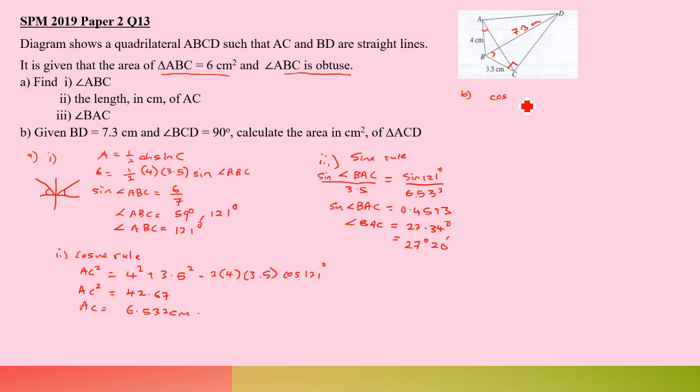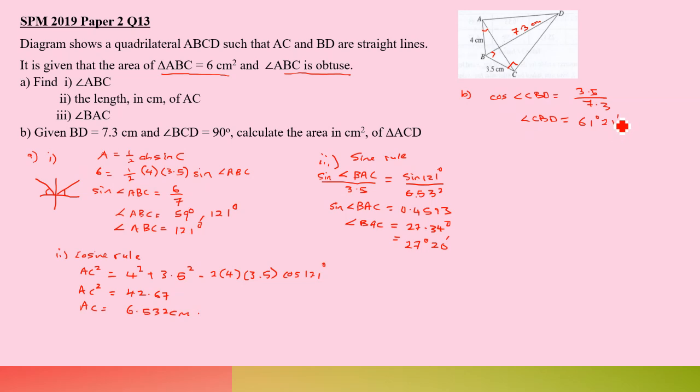So the cos of the angle will be adjacent, which is 3.5, divided by hypotenuse 7.3. And using your calculator, find the inverse of this. So you will get this angle CBD equals 61 degrees and 21 minutes.